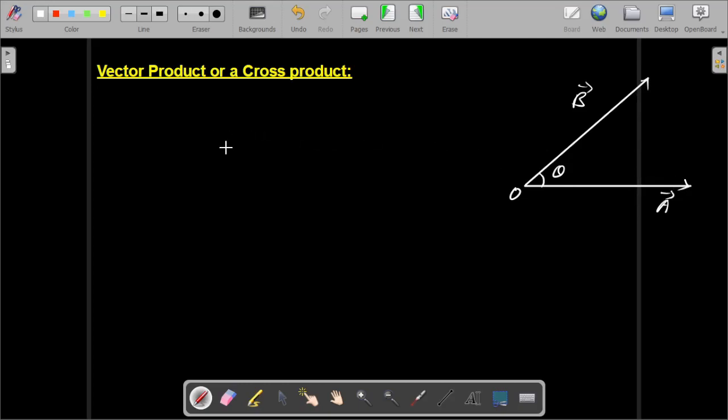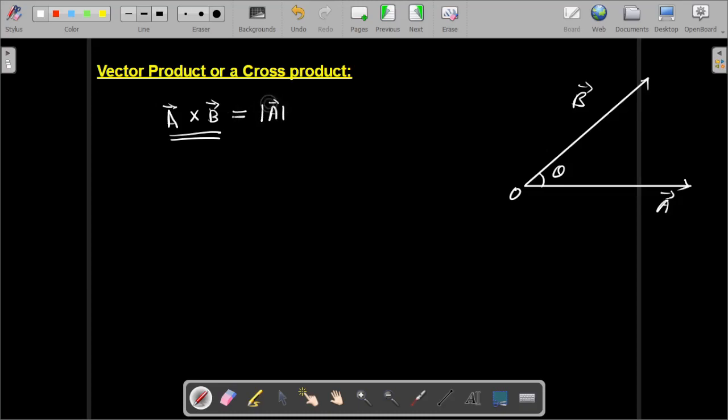So how is the cross product expressed? You take those vectors and put a cross sign between them. This is the expression of the cross product between two given vectors. And what will be the value?